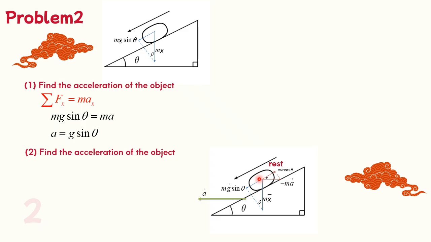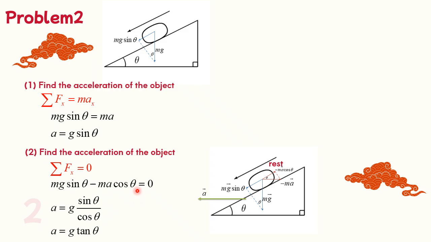At that time the problem said the object comes to rest. So the force down here and the force upward here balance, so it comes to rest. According to Newton's first law, when an object is at rest, all the forces that act on it equal 0. What are the forces? The force down here is mg sine theta, and the one upward here opposes it, that's why it has a negative sign, ma cosine theta.